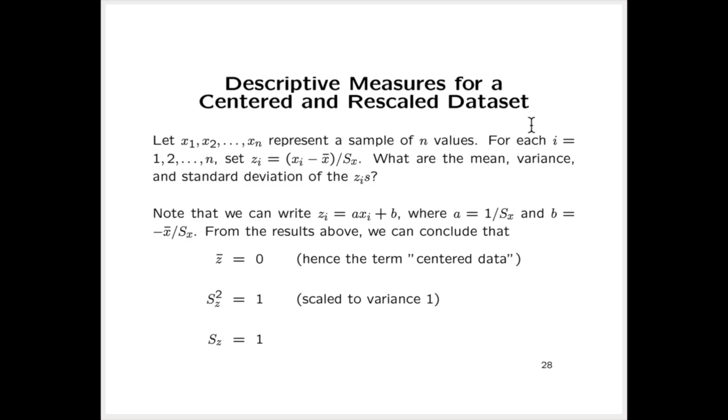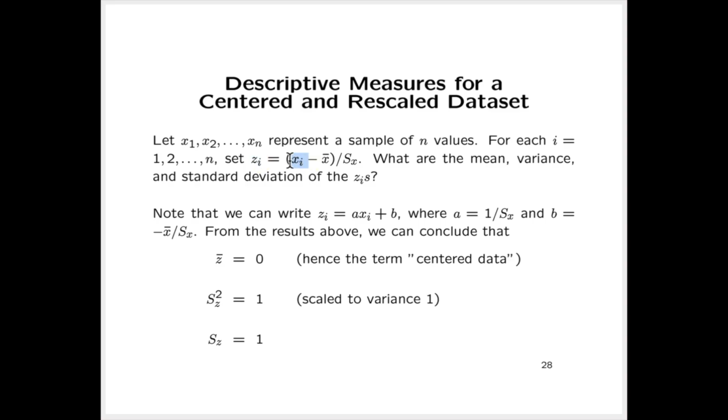For each i, ranging from 1 to n, let's define a new variable that we'll call z, in terms of x sub i, by doing the following computation.